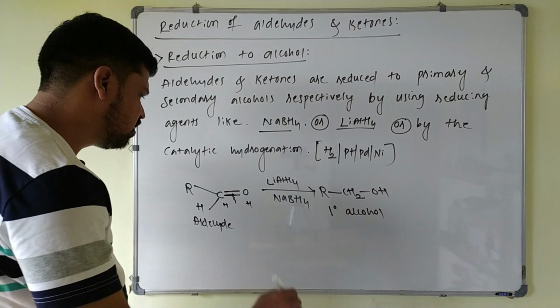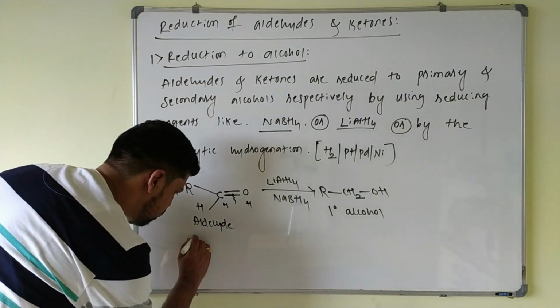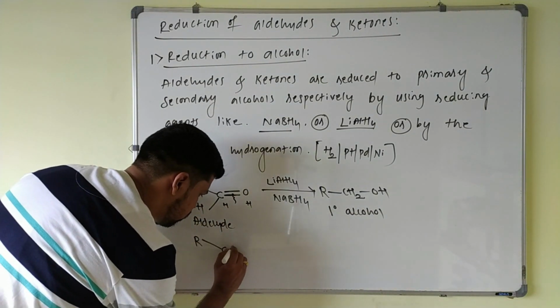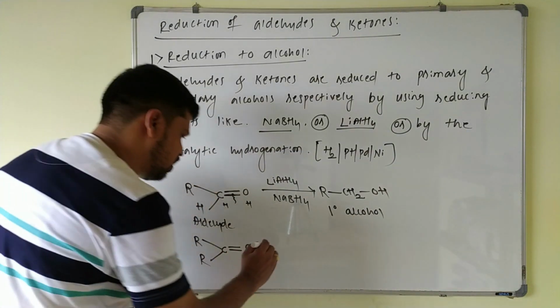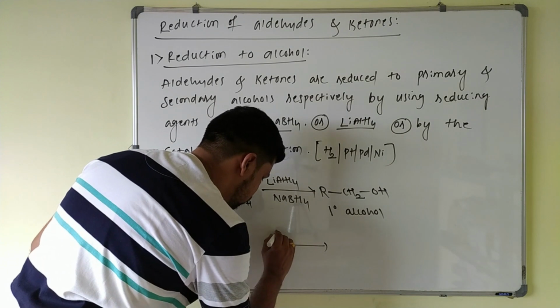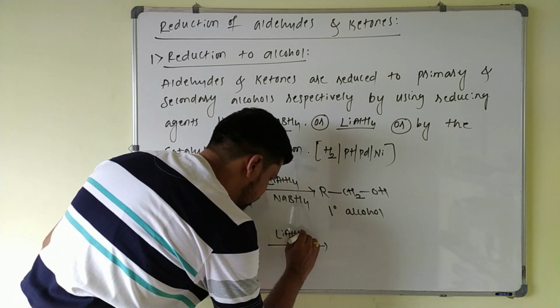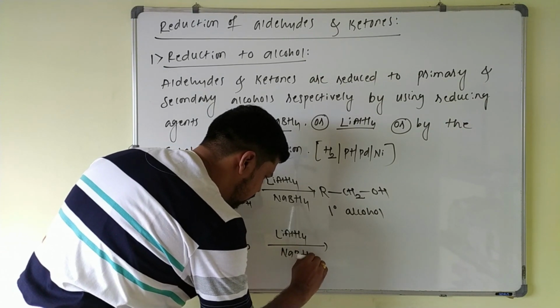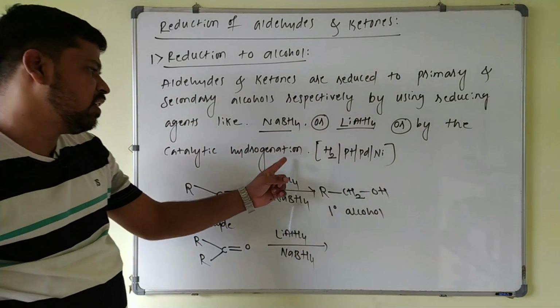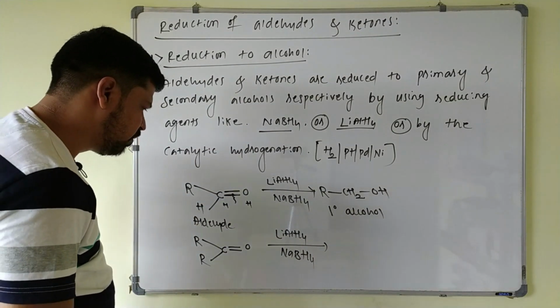So whenever aldehydes are reduced with lithium aluminum hydride or sodium borohydride, aldehydes upon reduction give what? Primary alcohol. Suppose if I take ketone here, R C double bond O, and this is again R. On treating with a reducing agent like lithium aluminum hydride or sodium borohydride, or you can use catalytic hydrogenation also, they will give what?